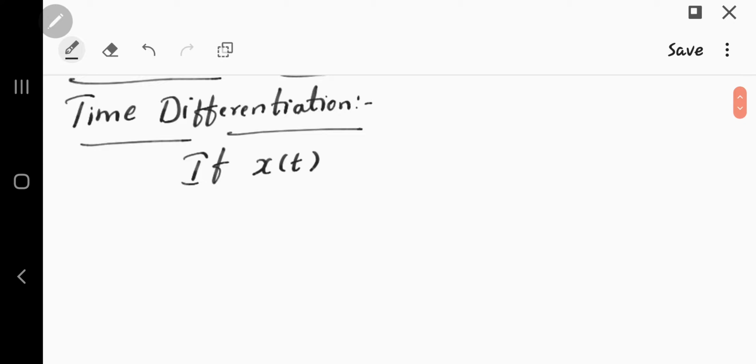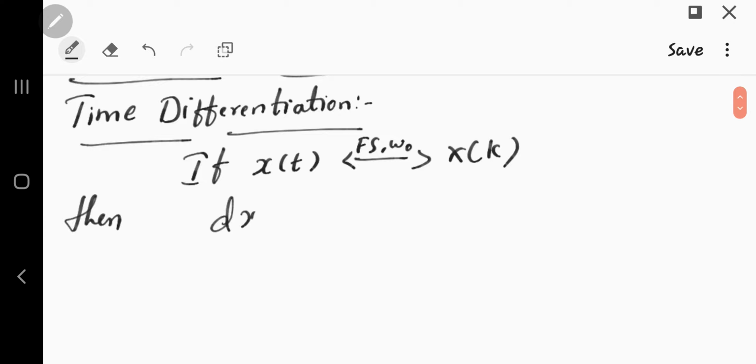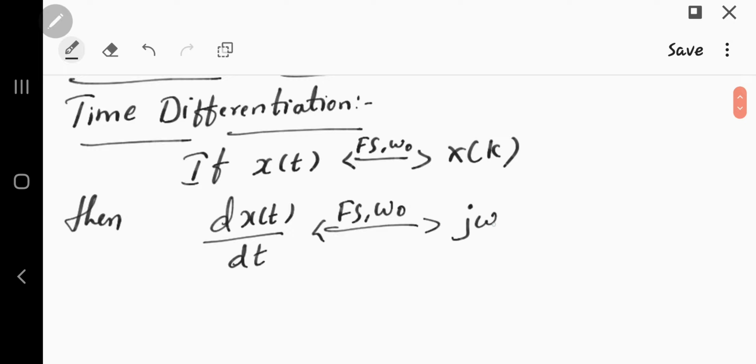If x of t will provide x of k, then the differentiation of x of t with respect to t, if you take Fourier series of this, then it will be equal to j k omega naught into x of k.